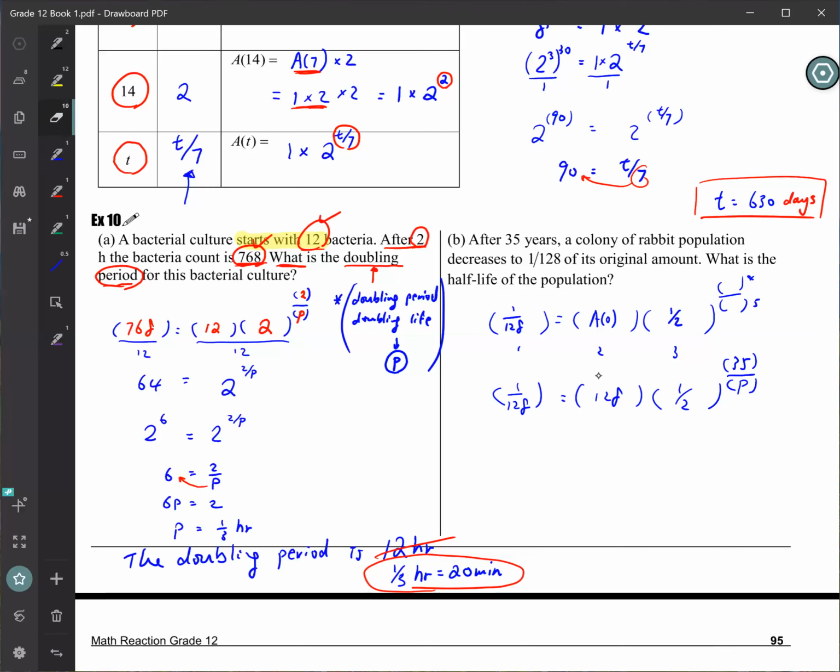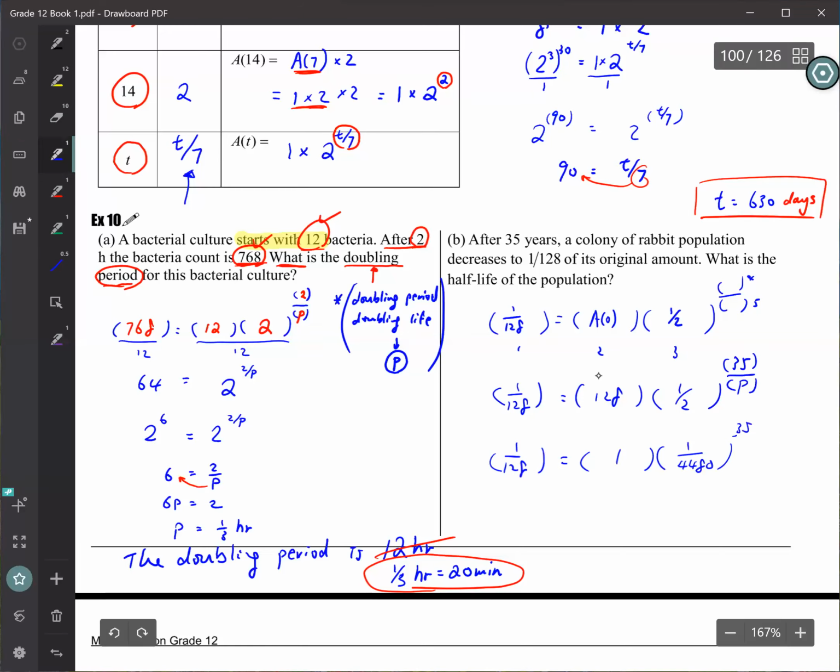Wait, Jason, I have something different. Okay, what do you have? I wrote 1 over 128 equals 1 over 4,480. Yeah, okay, the top is the same.